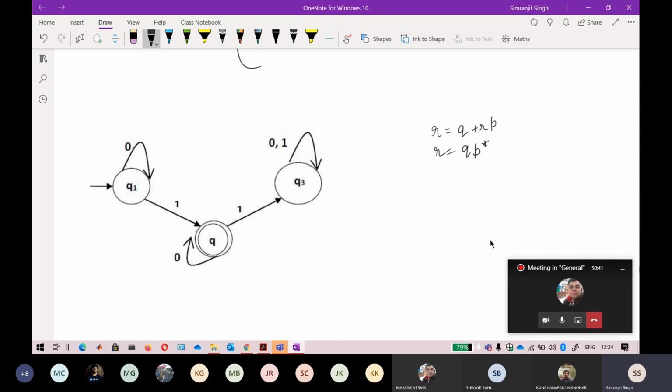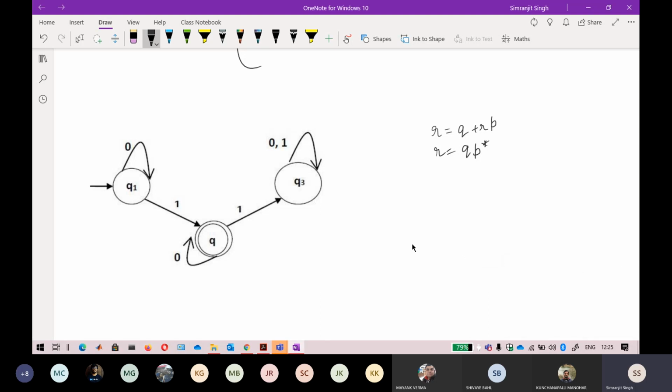Because we are applying Arden's theorem, there will be a star. Always there will be a star. Okay, so just take a look at it.